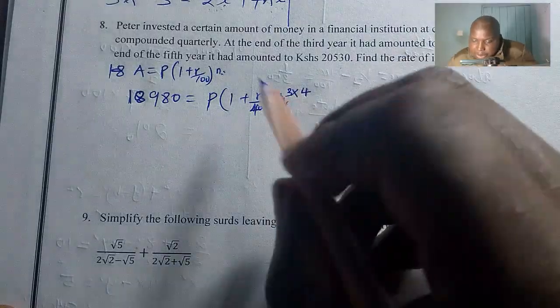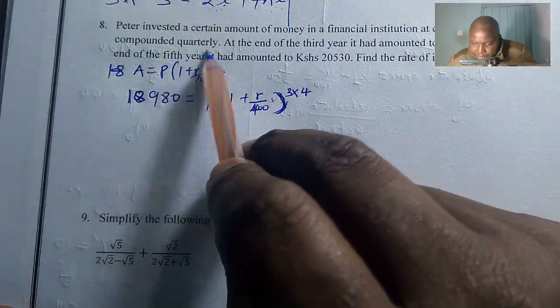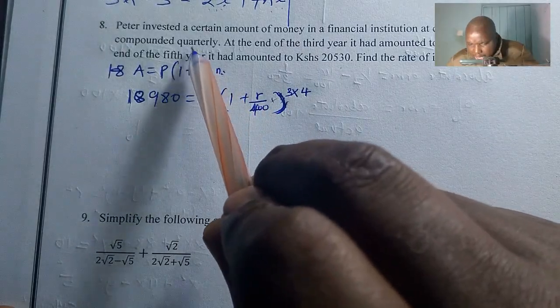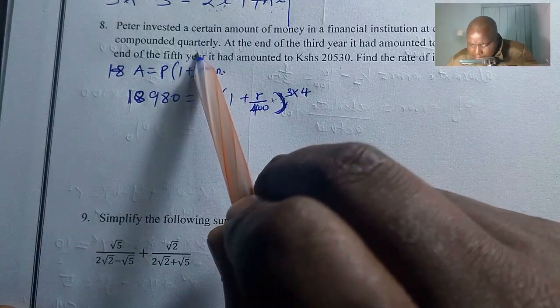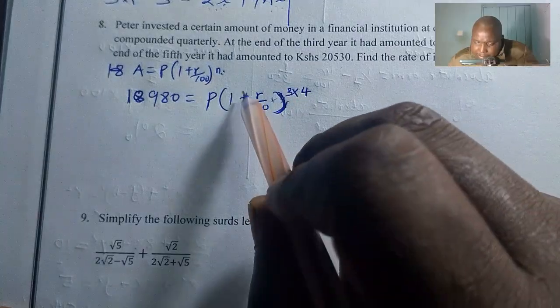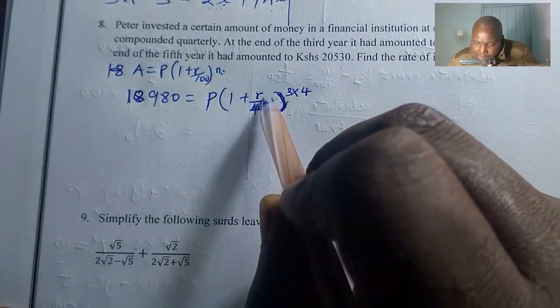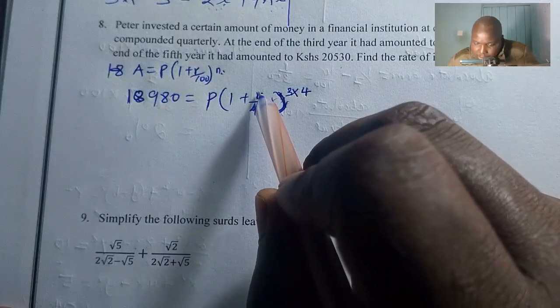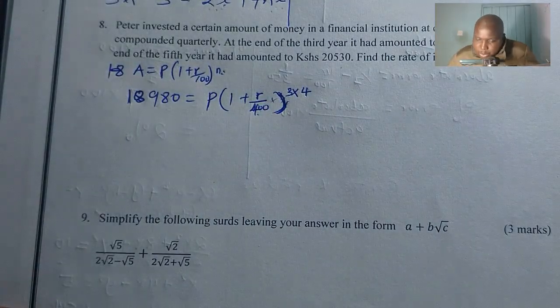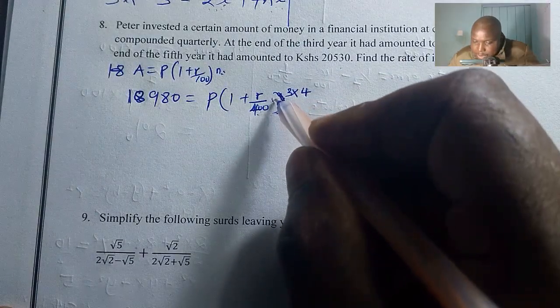I'm doing this because it is compounded quarterly. When it is compounded quarterly or half yearly, inside the rate, it was supposed to be r over 100, isn't it? So you multiply with 1 over 2 if it is half yearly, or 1 over 4 if it is quarterly.